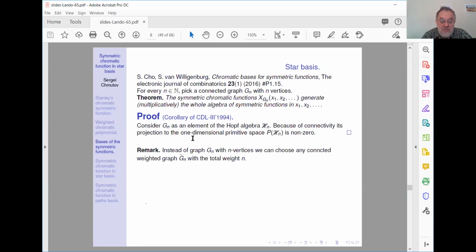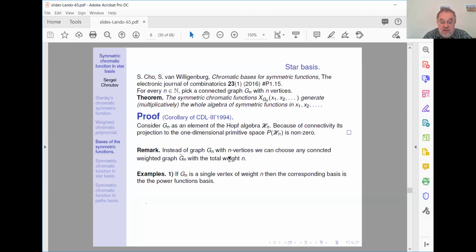Moreover, we can choose not only a graph with n vertices, but a weighted graph with a total weight n. So this is G sub n tilde, and then the weighted chromatic polynomial of that. If I plug in the power function there, it is going to be a basis for the whole algebra of symmetric functions.